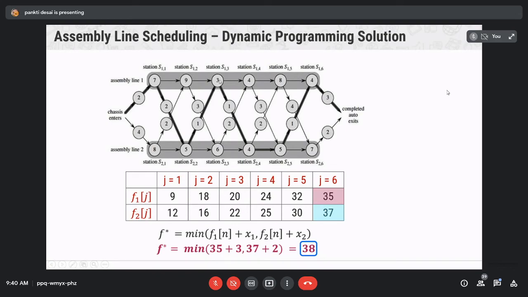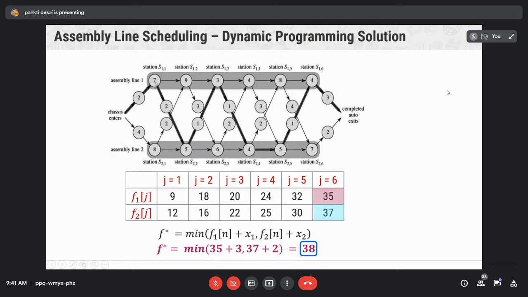So what is the fastest route? F13 or F23? F13. So instead of going to S23, we go to S13 for the next assembly. Same way for the fourth station, we go to S24. Now S25, S16, then last is the exit from assembly line 1.